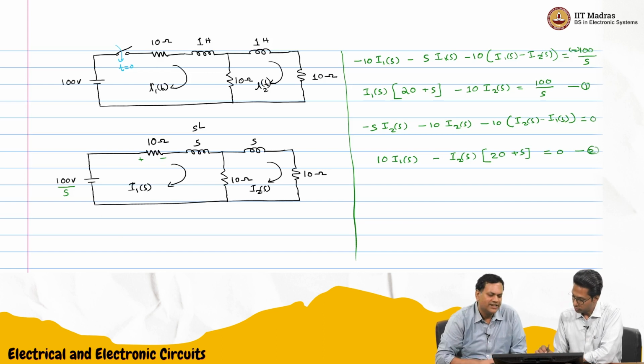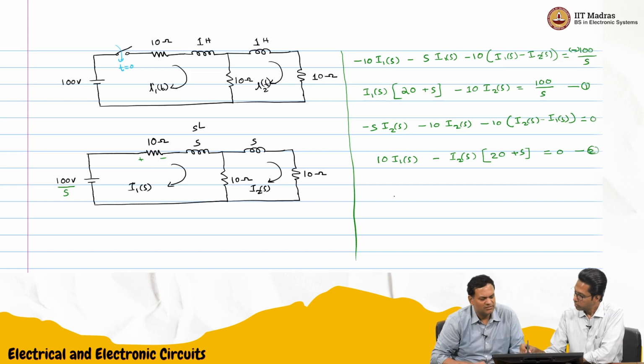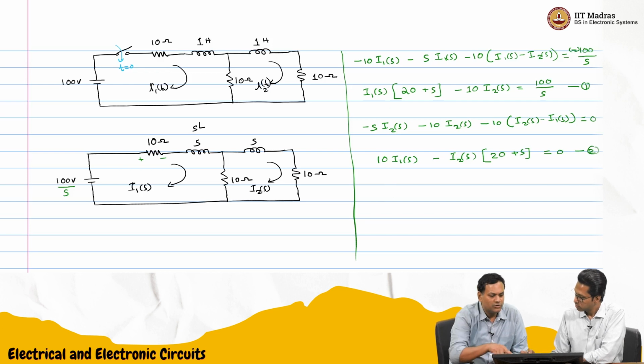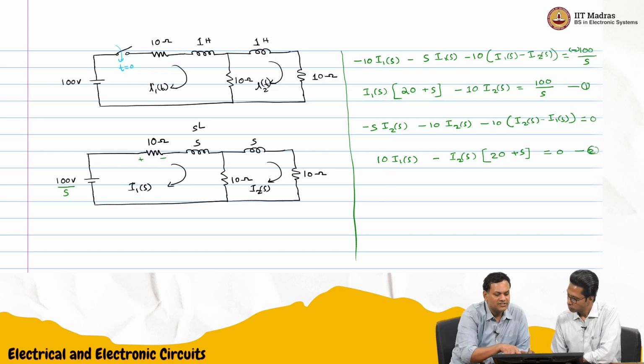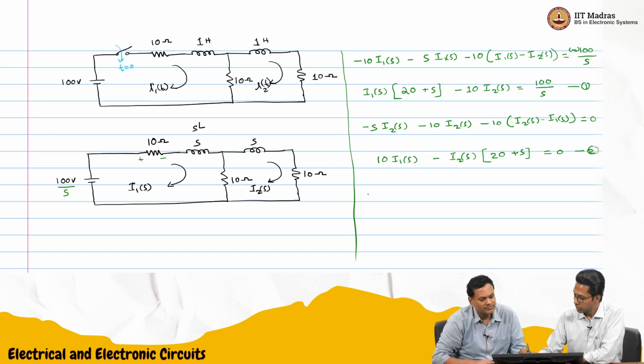And we want I2 of S. So we'll try to eliminate I1. I was thinking we could just write I1 of S in terms of I2 of S here and plug that back in here, but that is probably the same thing, because you would have to multiply and then subtract. So I have to multiply the second equation by 20 plus S and divide by 10.